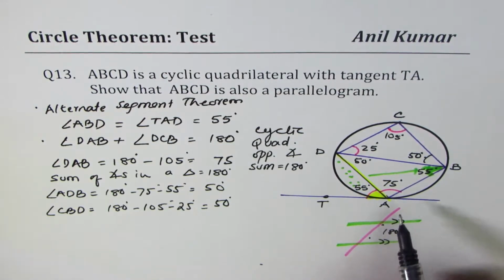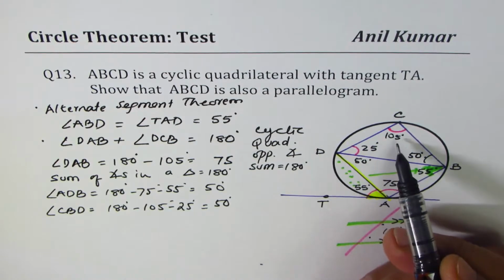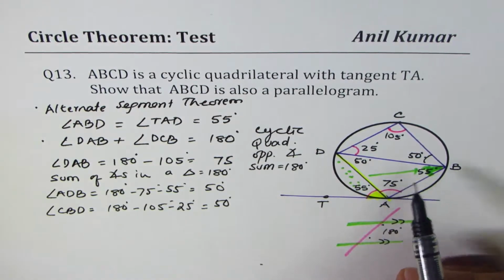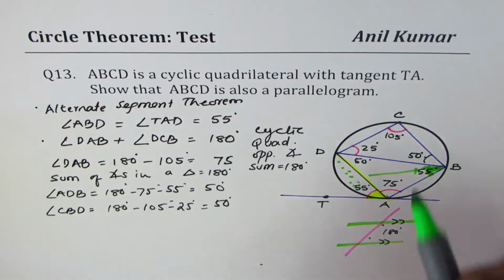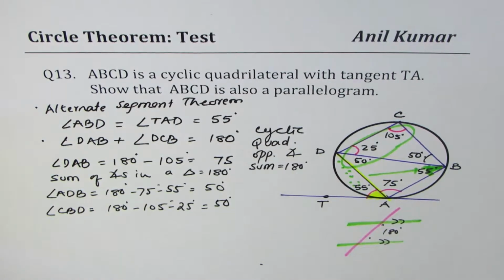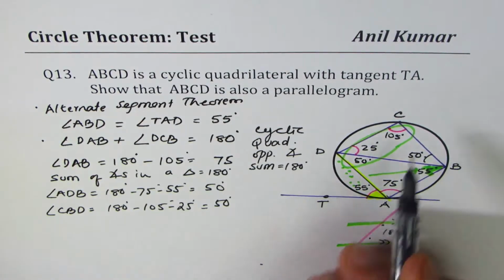So if we have the sum of interior angles as 180 degrees, we can show that the lines are parallel. So let's look into the sum now. Let's add these numbers, what do we get?